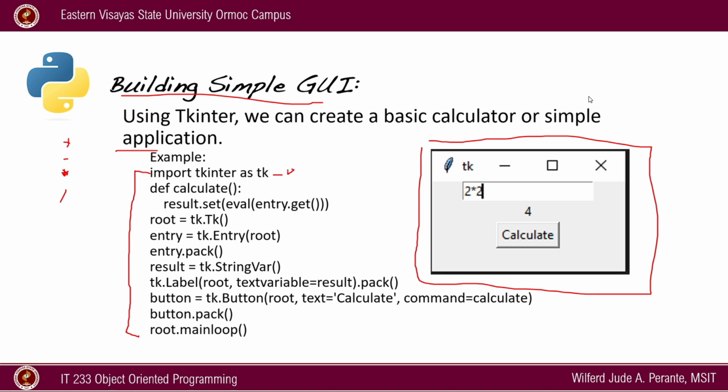So we are importing our TKinter library, which has built-in GUI components. We have our function calculate, which, when our button is clicked, takes the input from the entry text field and evaluates the expression by using eval, and stores it in the result variable.